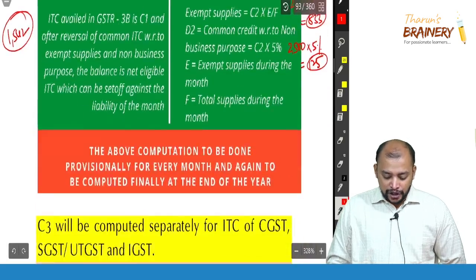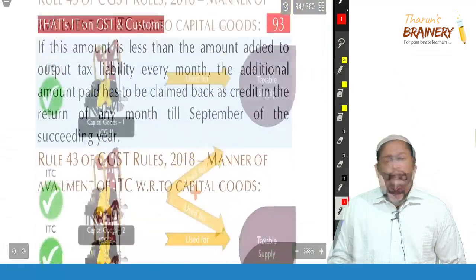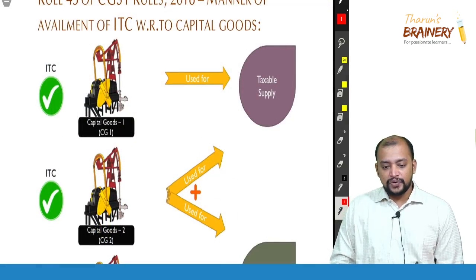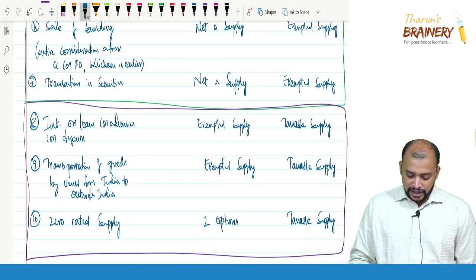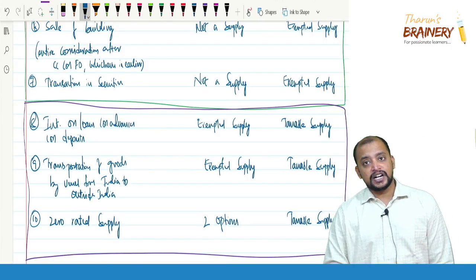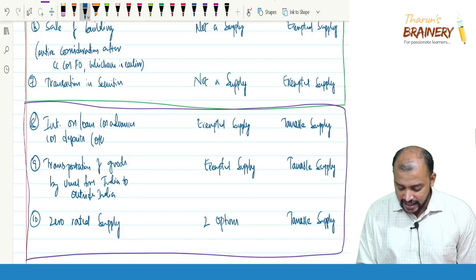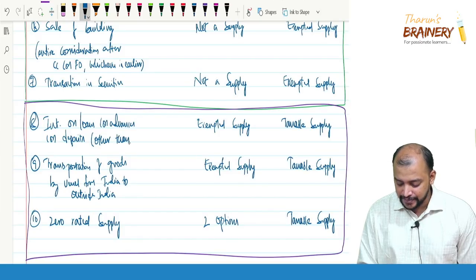Now, I am moving on to the next area. Sir, is interest on loans or advances, other than for banks, in the meaning of exempted supply? Yes. This interest on loans or advances or deposits is for other than bank or NBFC.